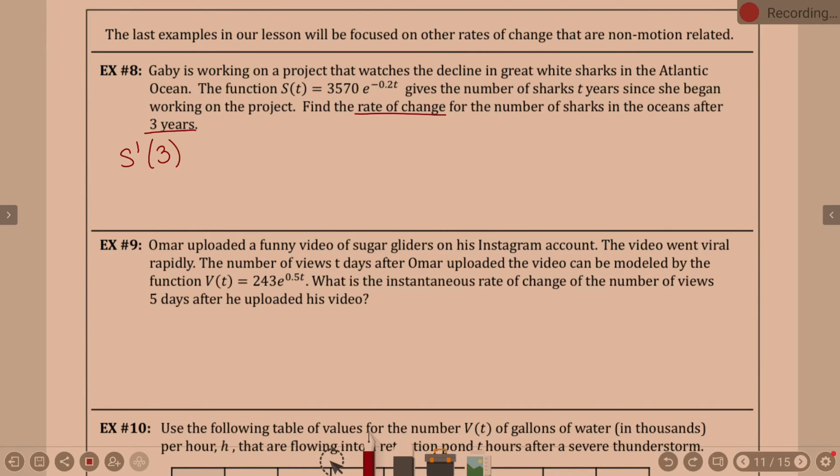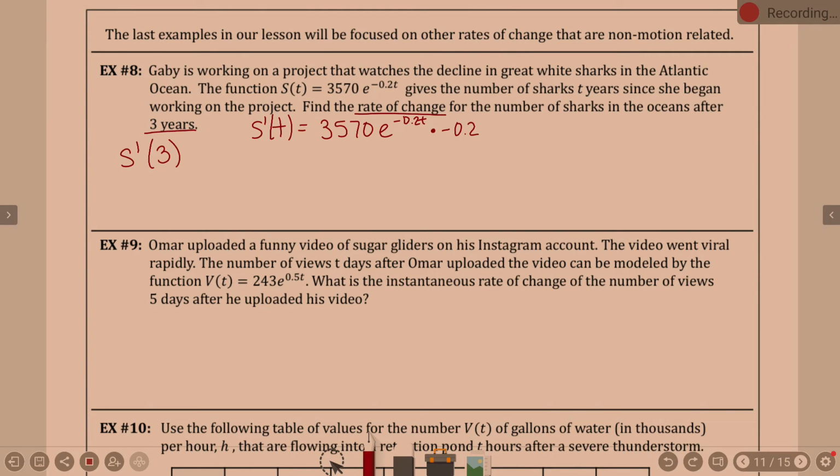So S prime of t. 3570 is just a coefficient, right? So it's going to stay 3570 e to some power. What's the derivative of e to something? E to something. So it's going to stay 3570 e to the negative 2 tenths t times the derivative of the power, so the derivative of negative 2 tenths t, which is negative 2 tenths.